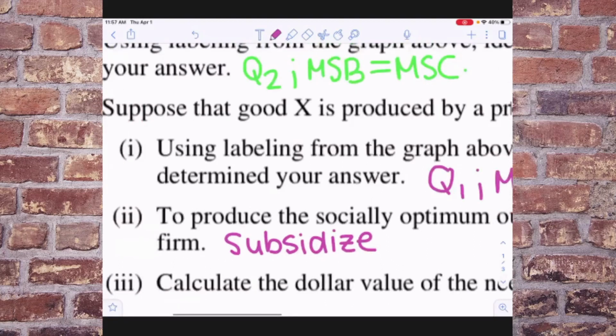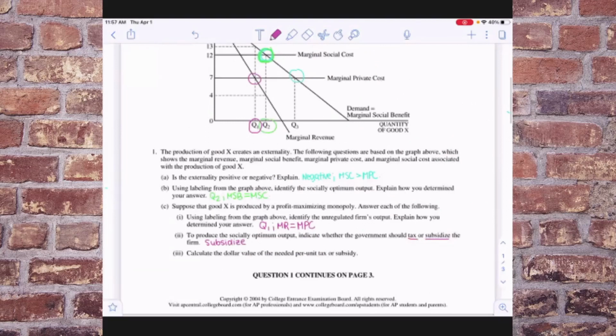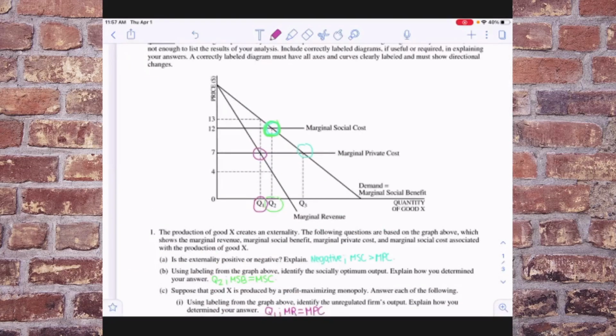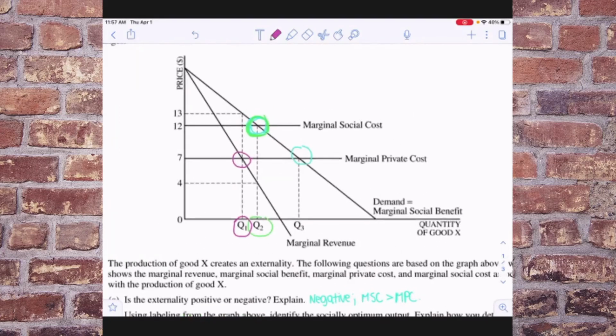Okay, now I have to calculate the dollar value. So if I go back up to look at the graph, if I'm subsidizing, I'm making the cost curve shift. I'm taking the marginal private cost curve, MPC, and shifting it down to where MR equals it at Q2. If you notice, it's at $4. So at $4, I'm going to draw a horizontal line all the way across.